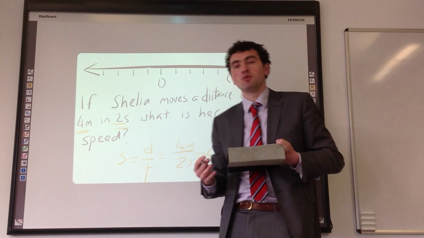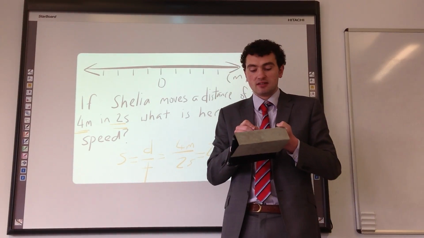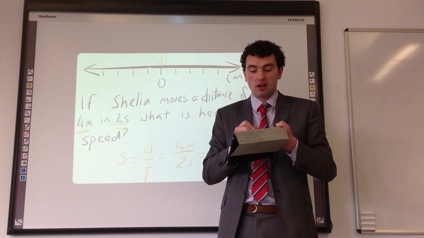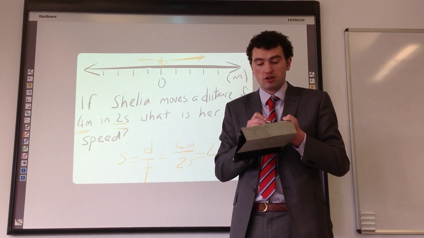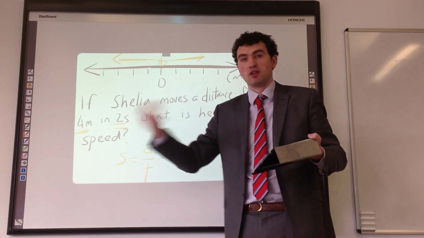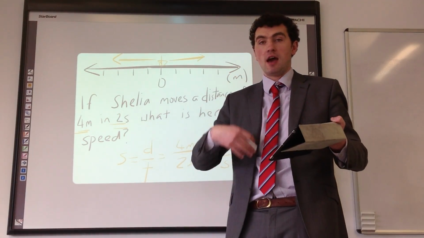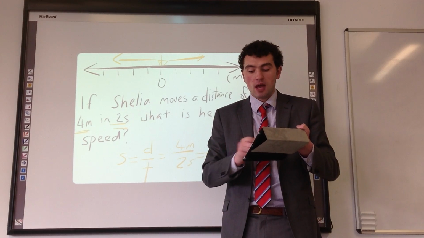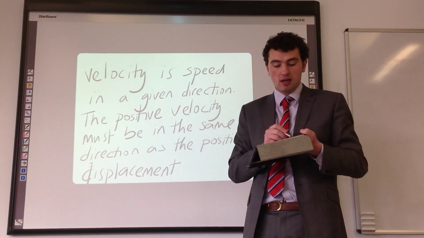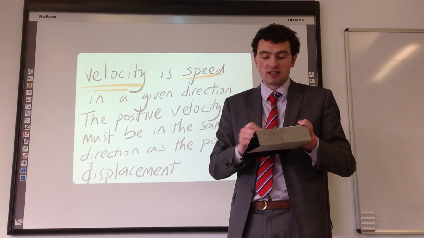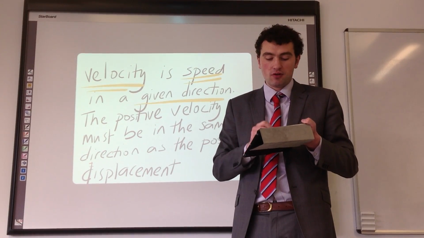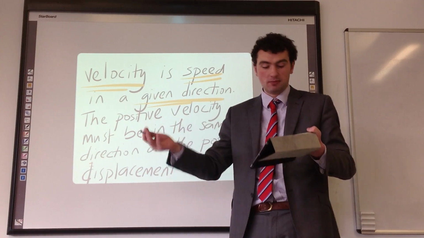The problem with speed is, say for instance Sheila started in the middle at the origin, we don't know if she's going 2 metres a second in that direction or 2 metres a second in that direction. So we've got 2 possible movements from our piece of information. So a better piece of information to give someone is the velocity. And the velocity is very similar to speed, except it's in a given direction. So again, velocity is going to be a vector quantity.